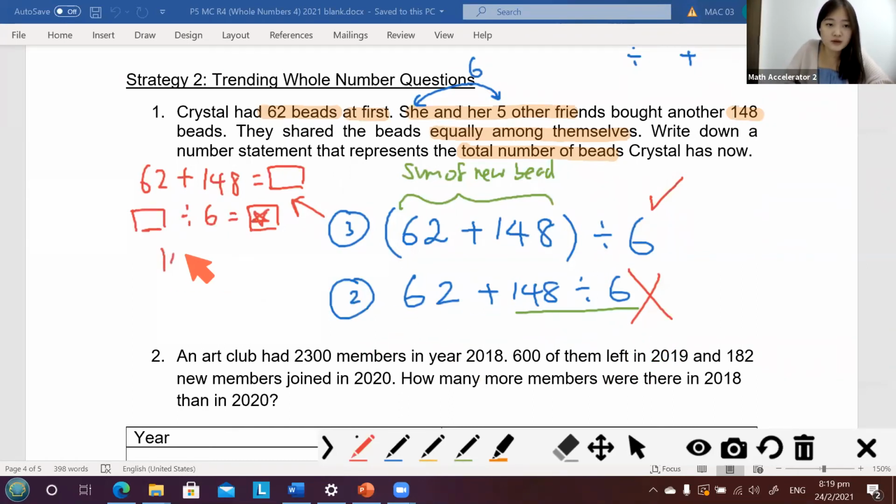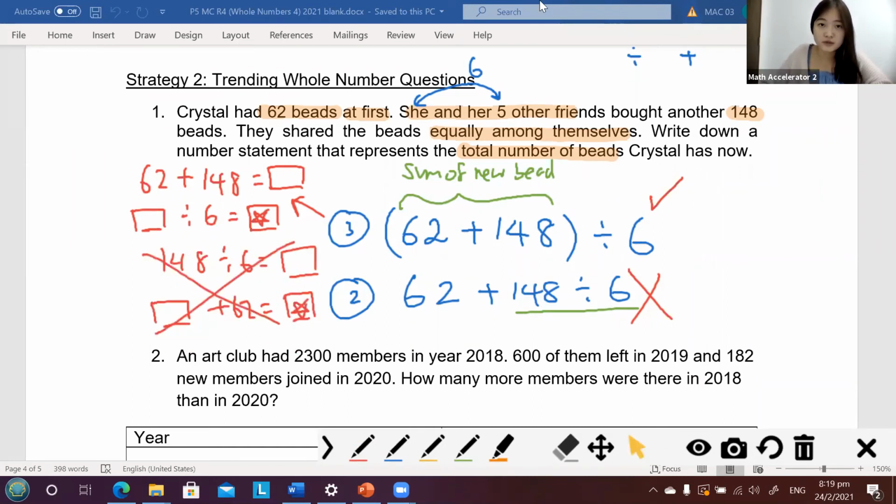Option 2, you are taking 148 divided by 6, then you take the answer plus 62 to get your answer, which is not correct. So do take note, testing you on your order of operations. The other issue was that you have to have 6 people, she and 5 other friends. So if you see 5, don't straight away go and divide by 5. Do read carefully, there are 6 people in total.